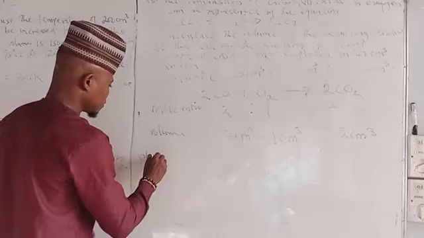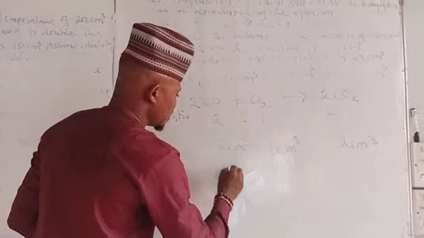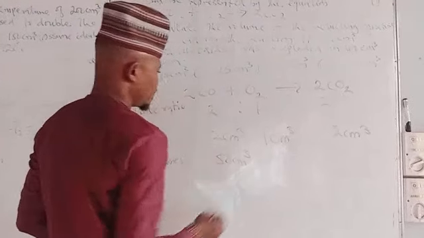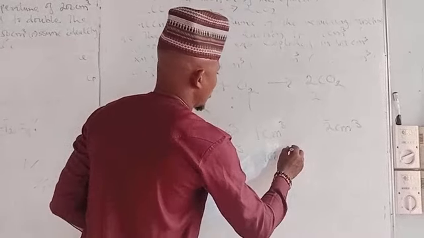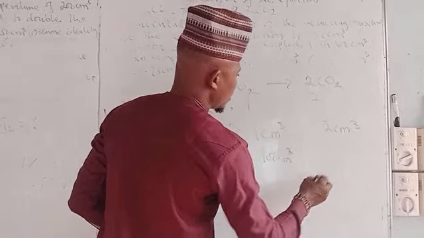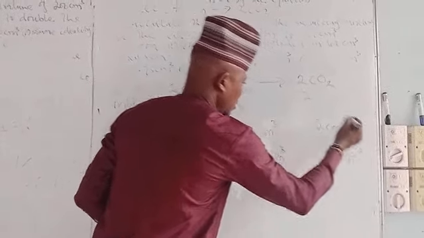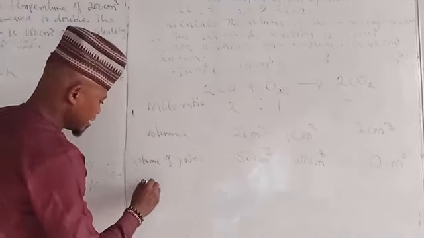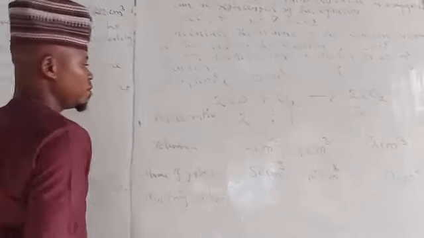Let's look at the volume of gases. Here, 50 cm³ of CO is available, 100 cm³ of oxygen is available. Here, nothing is formed yet, 0 cm³. Now, reacting volume. What volume is reacting?